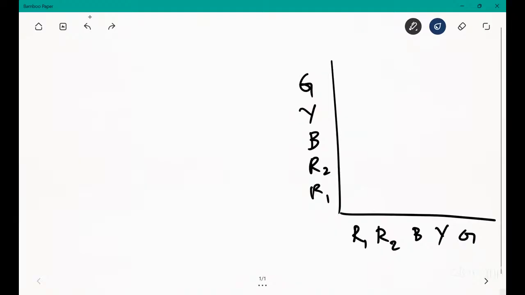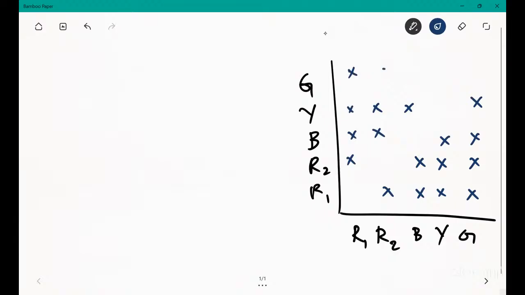Since it's without replacing it, you mark it 1, 2, 3, 4, and leave that. Then you will have your space. So this will be your answer for mark the sample space.